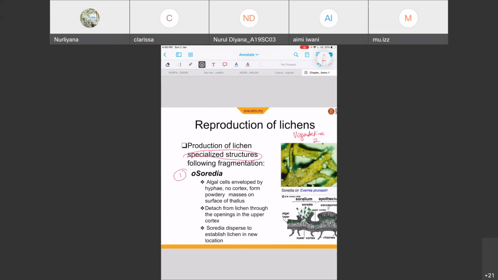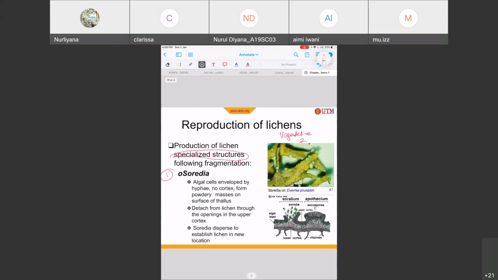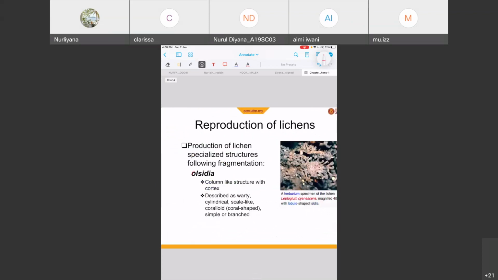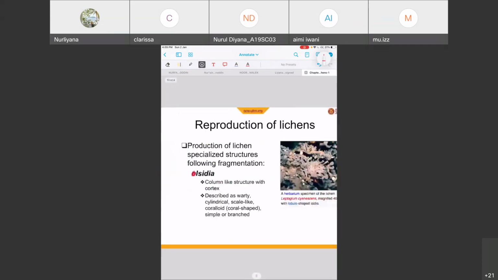If you look at the original slide, it is in point form. Number one is Soredia, and the other one is Isidia.